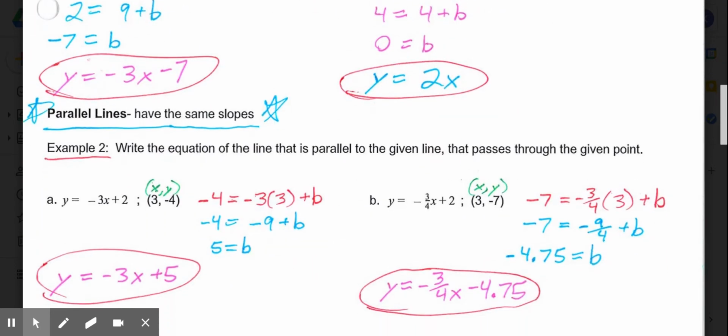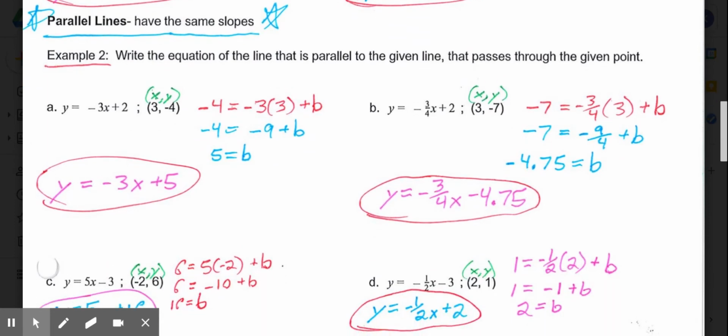Then we get into the idea of parallel lines, which we've already looked at once, but a reminder that parallel lines have the same slope. So in example 2, we're going to use that idea to write the equation of a line that is parallel to the given line and passes through the given point.